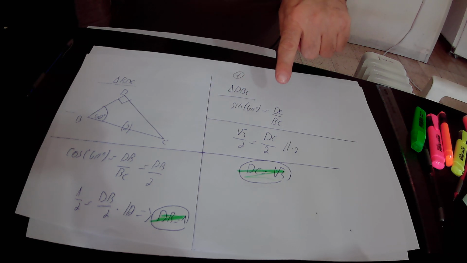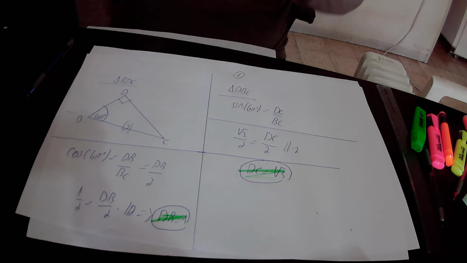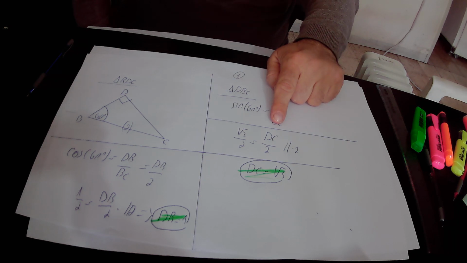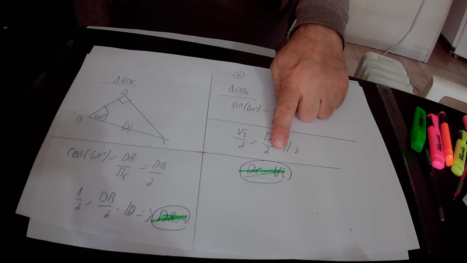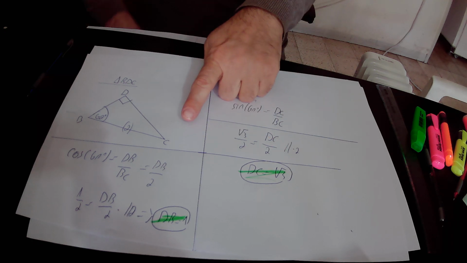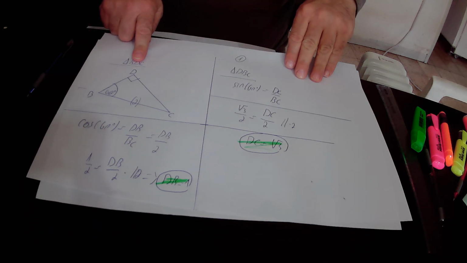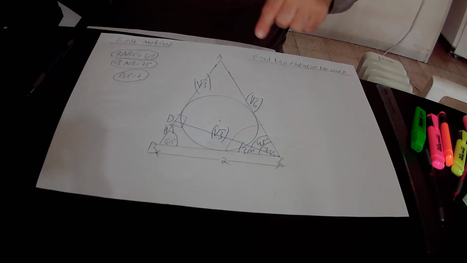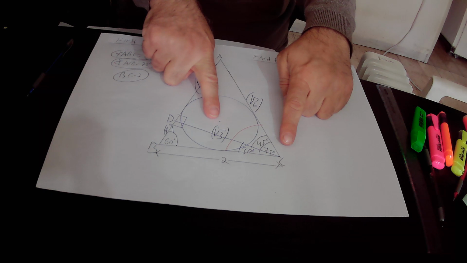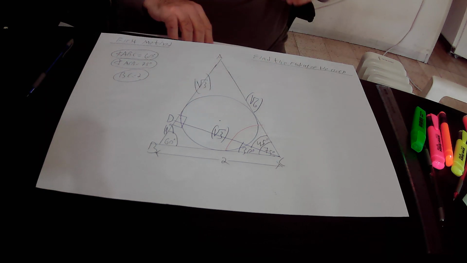That equals DC over BC, and BC is 2. So we found out that square root of 3 over 2 equals DC over 2. Here we multiply this equation by 2, and finally found out that DC equals the square root of 3 units in its length. Here, this line segment DC equals the square root of 3 units in its length.